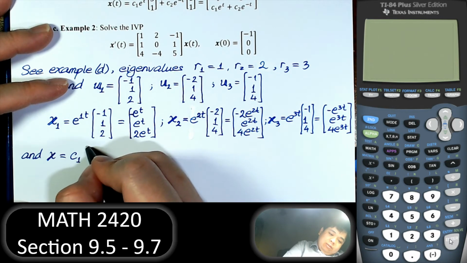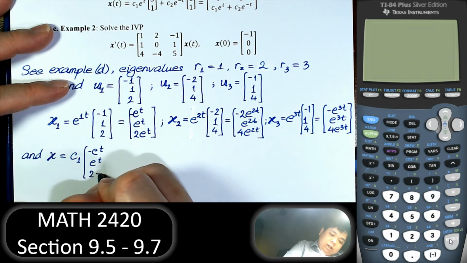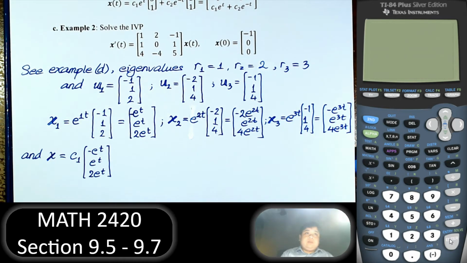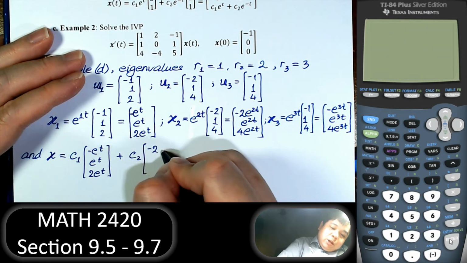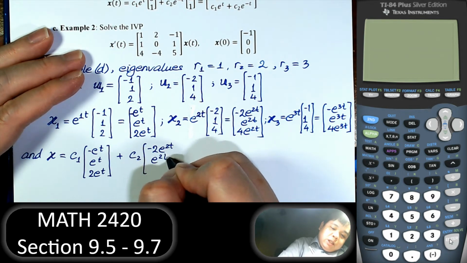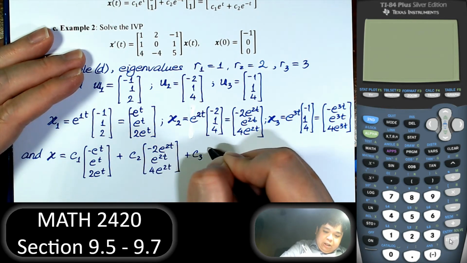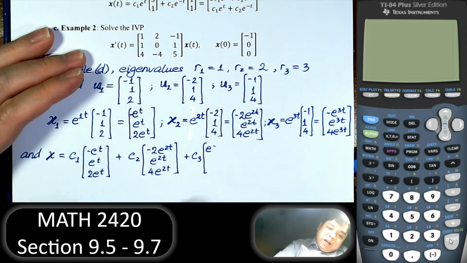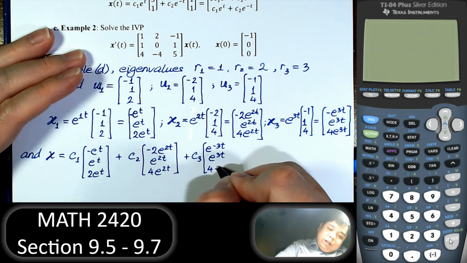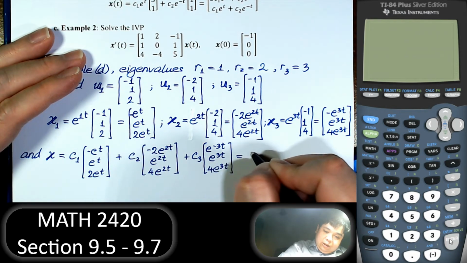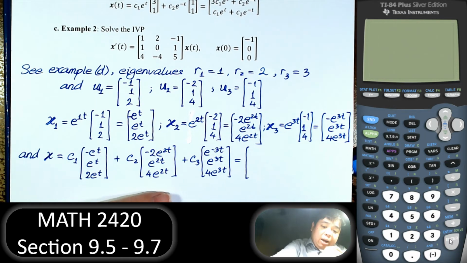C1 times -e to the t, e to the t, 2e to the t, plus C2 times -2e to the 2t, e to the 2t, 4e to the 2t, plus C3 times -e to the 3t, e to the 3t, 4e to the 3t. Multiply the c's to all of that, and then multiply out.